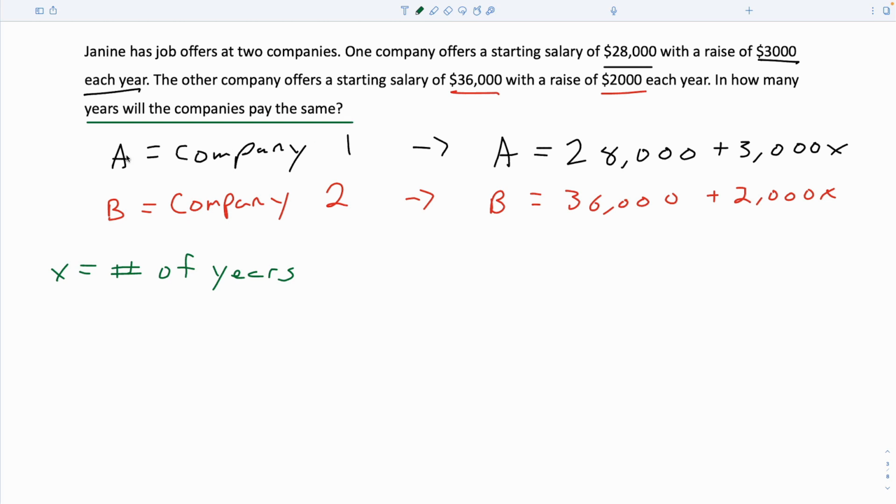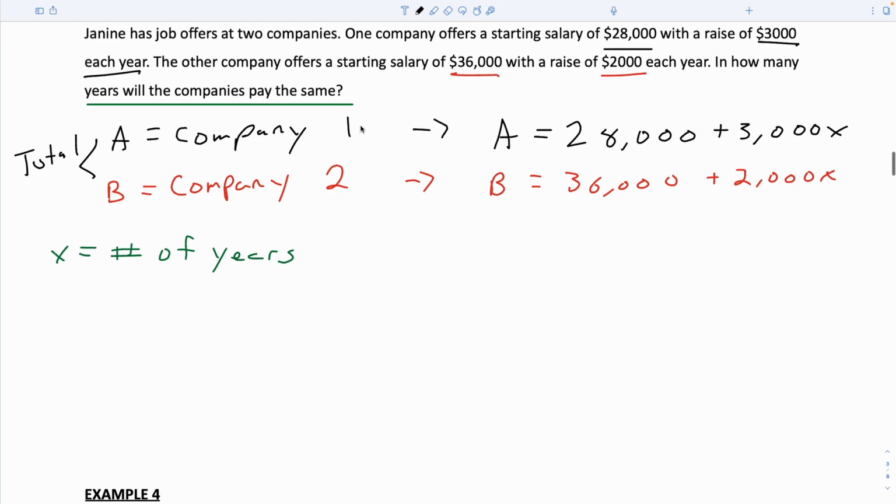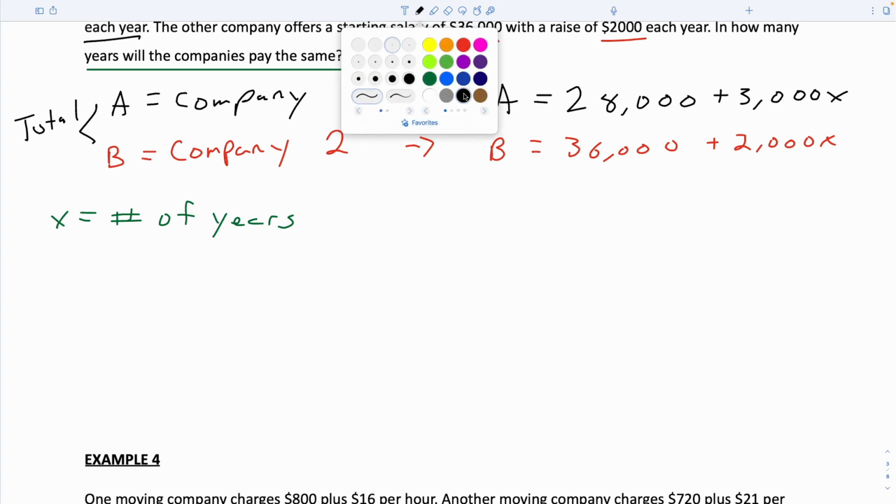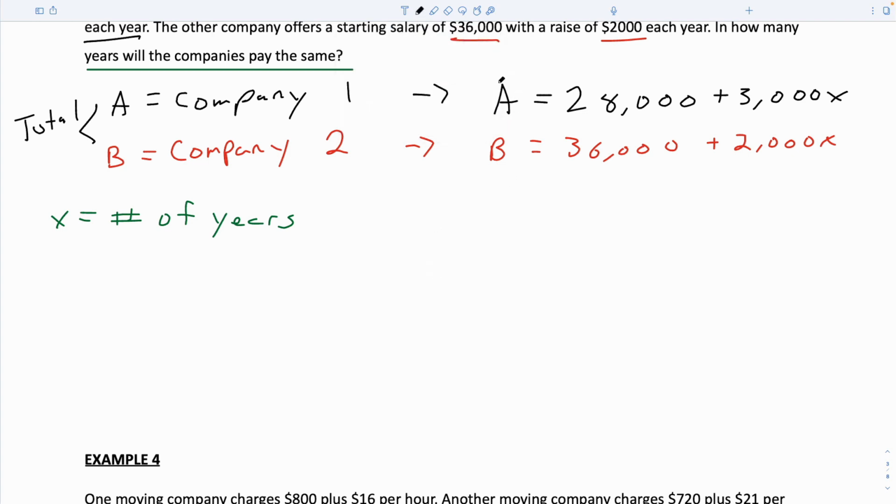The A and the B are going to just represent the totals. So we could represent A and B with a total. A and B is just the total amount that they earn. We want to know how many years they're going to pay exactly the same. If we want to know how they'll pay exactly the same, we want to know when those two are going to equal exactly each other.